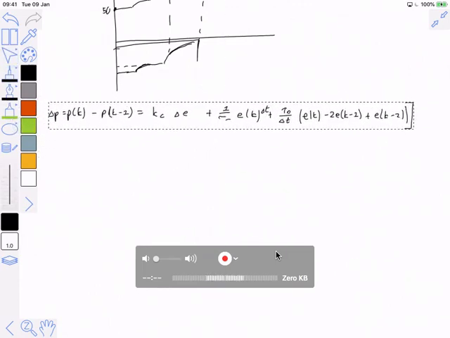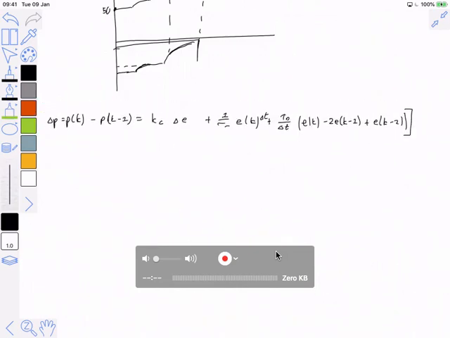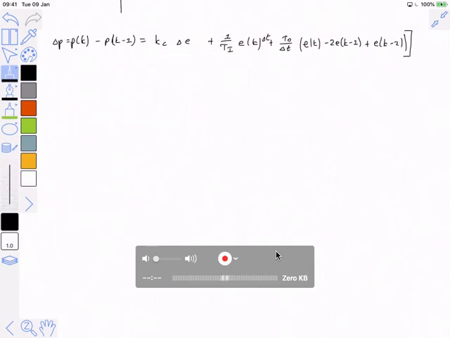So this is the expression that we ended up with for the calculation of the velocity form.